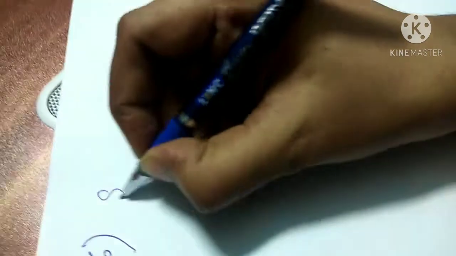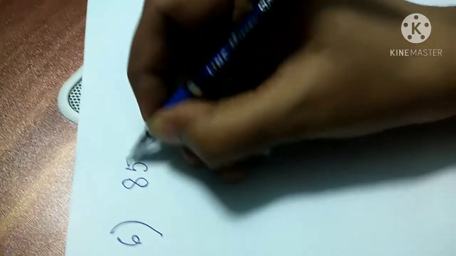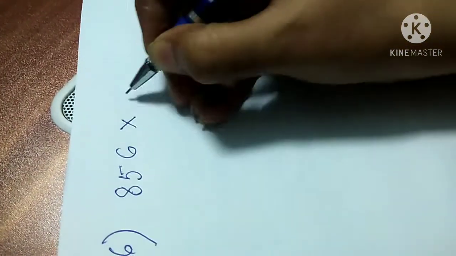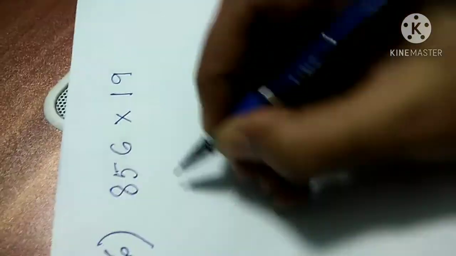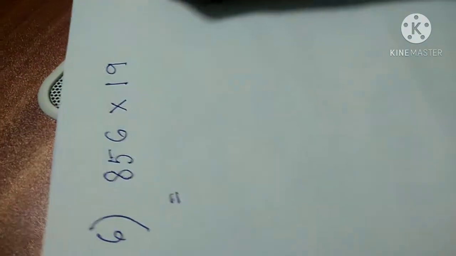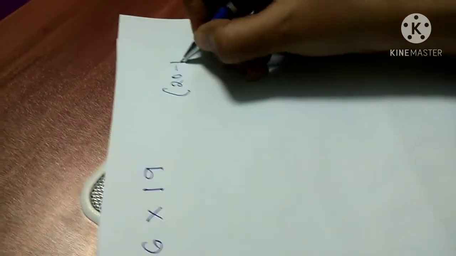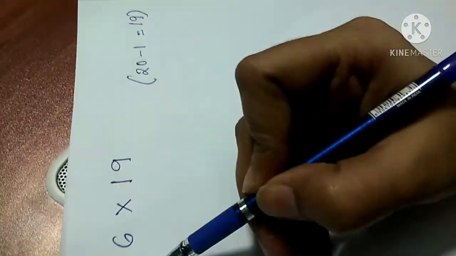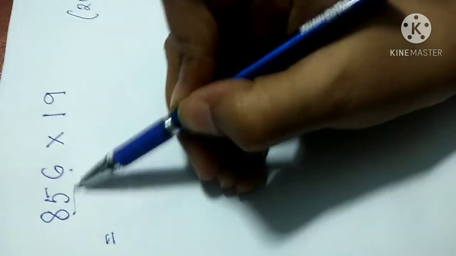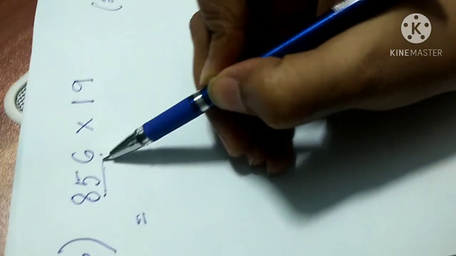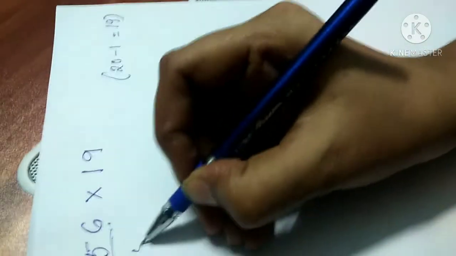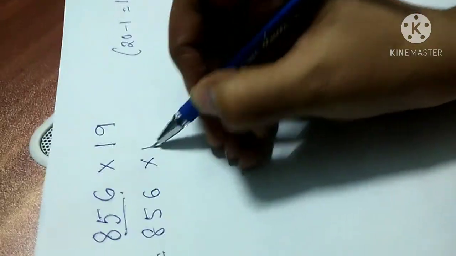Let's see another example. Let us multiply a 3-digit number, for example 856 by 19. Now what should I do? As we know, 20 minus 1 gives us 19. So firstly I should multiply this 3-digit number by 20. So in order to do that, first I will multiply this number by 10.